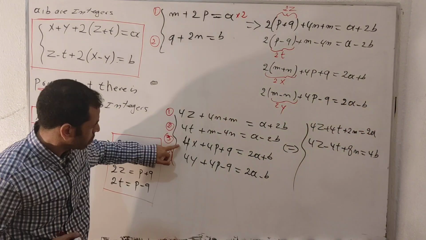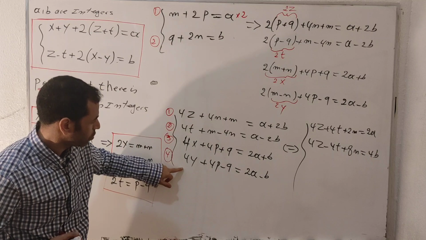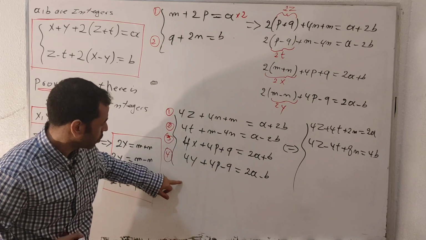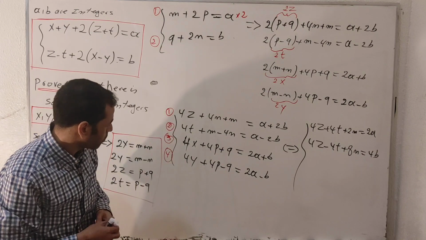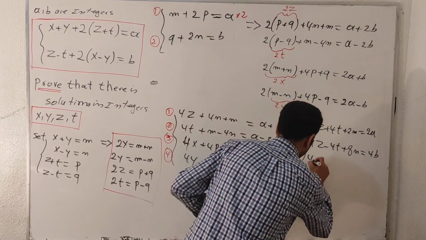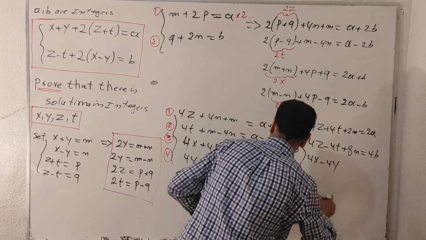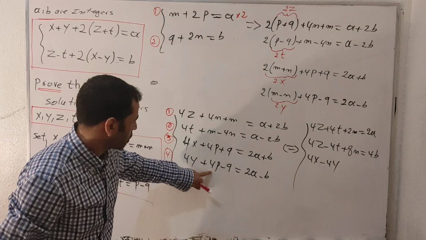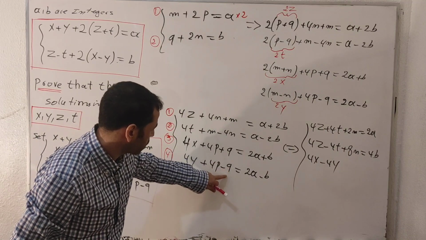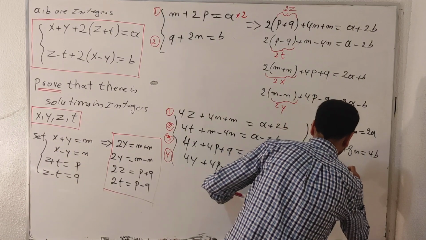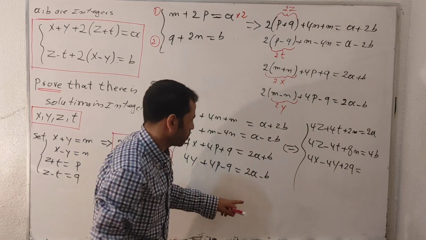By putting third equation minus fourth equation, you get 4p eliminated. So we'll have 4x minus 4y. 4p will be cancelled out. I will have q minus (minus q), which is plus 2q. Here I get 2a eliminated, I get 2b.